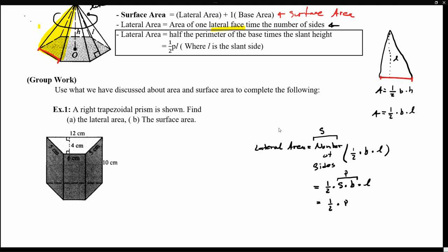So therefore, I can express the lateral area as 1/2 times P times L. So this is how we're going to be defining the lateral area of a pyramid.